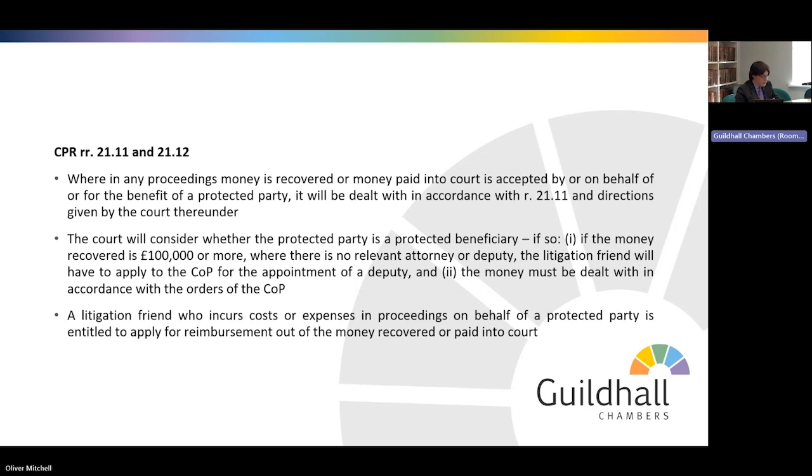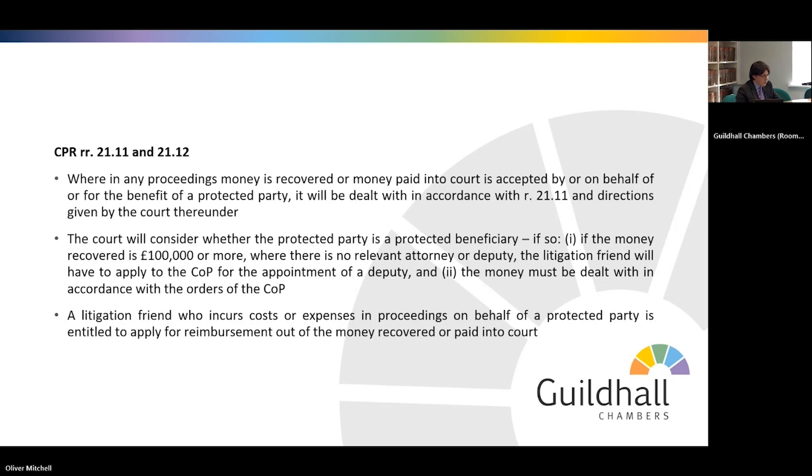If and when a deputy or attorney has been appointed, then it may well be that the money is dealt with by them in accordance with such powers as they have in those roles, although they may need the assistance of the Court of Protection if those powers don't go far enough, and or to check what they are doing.